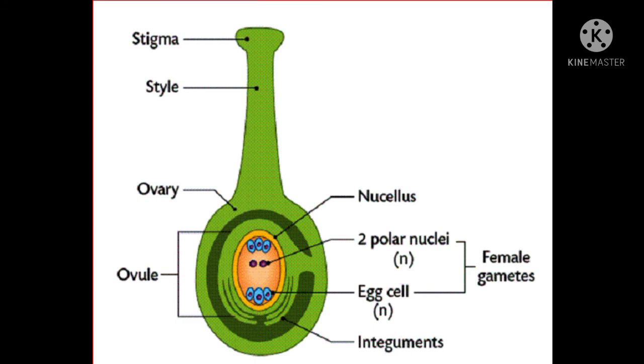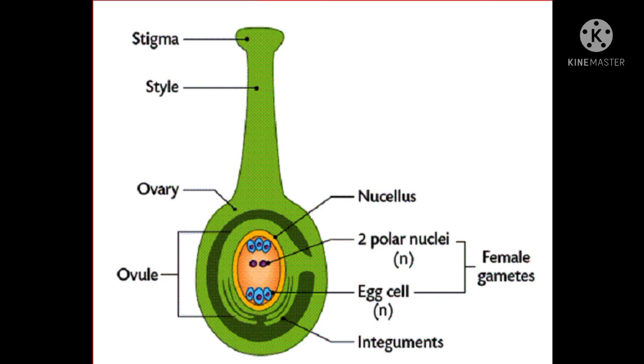We can say that an ovary consists of one to several ovules. In each ovule there will be a female gamete, and one ovule consists of only one female gamete.